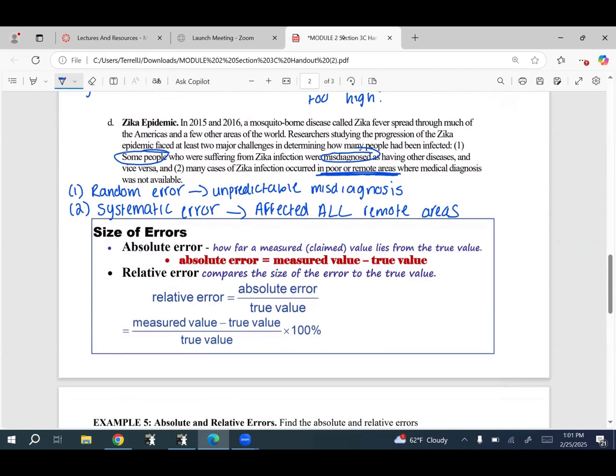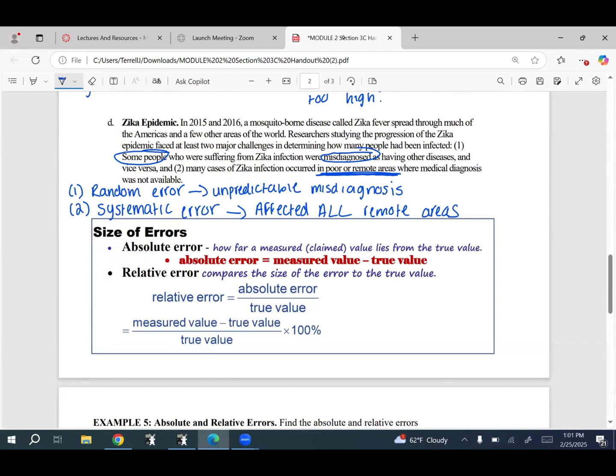So now that we've identified these two errors, we can actually quantify it, meaning giving the size of the error. I want you to look at these two types of errors as far as size goes and see how similar they are to what we talked about last week. Remember when we were doing the section on percentages, we had absolute change and relative change.